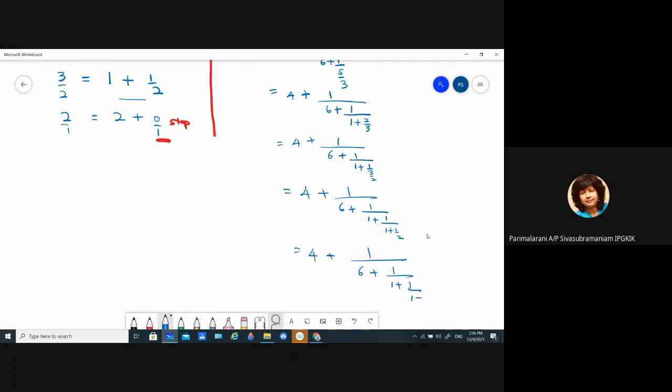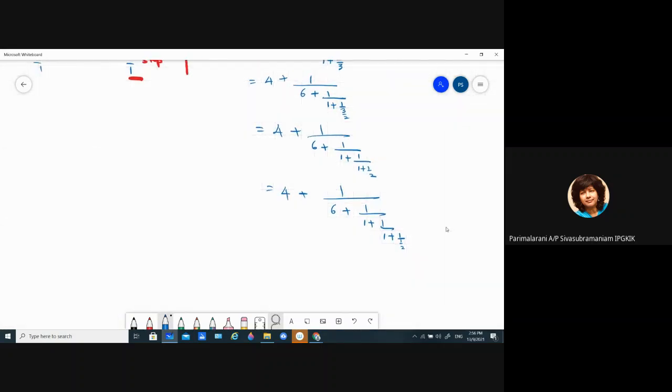1 over 1 over 2 is 1 over 1 over 2, which is actually, later you can miss some steps. 1 plus 1 over 1 plus 1 over 1 over 2 is 2 over 1, right? Yeah.